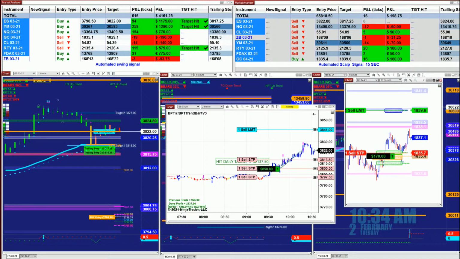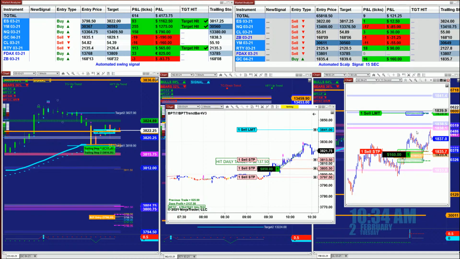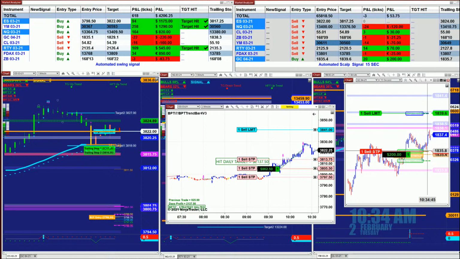On the gold, because you have this double resistance at 38 and 38.5, it's making the gold go back to the support at 35.8. So we'll see what else we have.